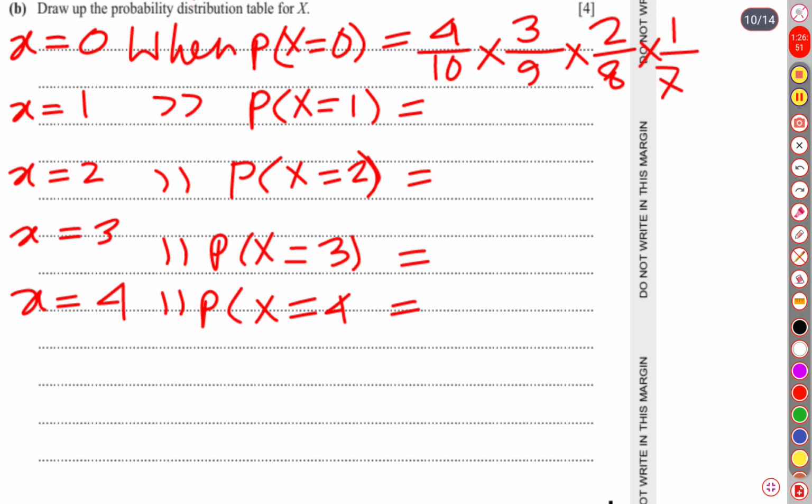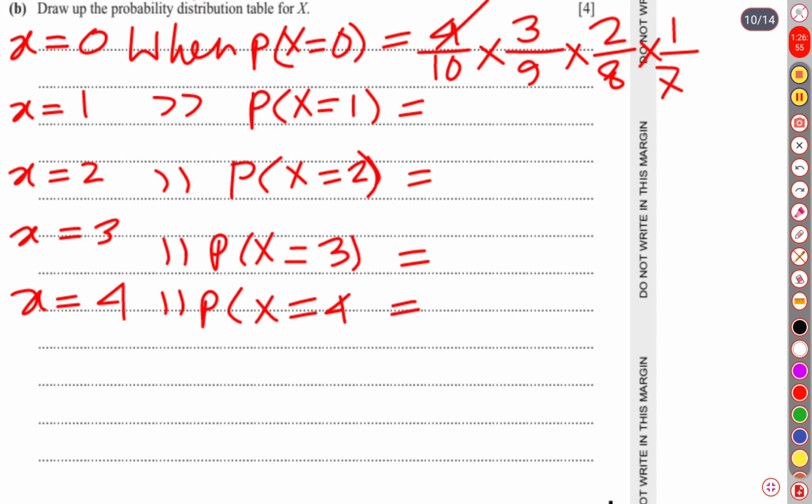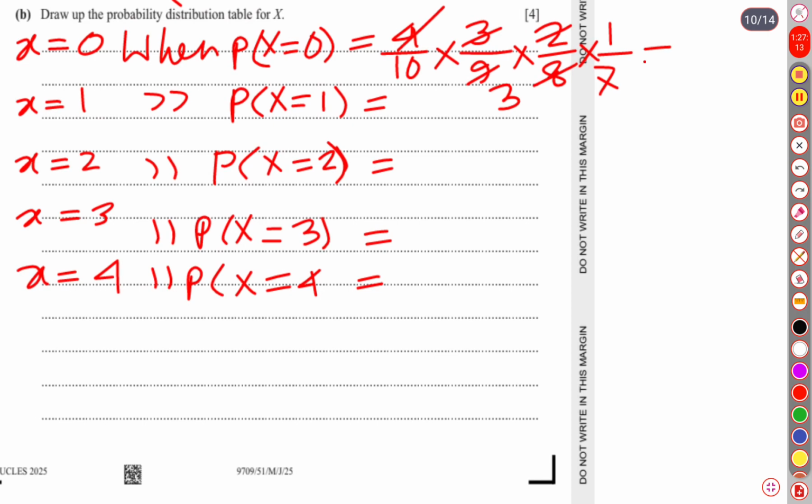So finally, what is it going to be? 4 twos are 8, 8 has gone away. And then 3, it is going to be 3. So finally, we are having 1 out of 210.